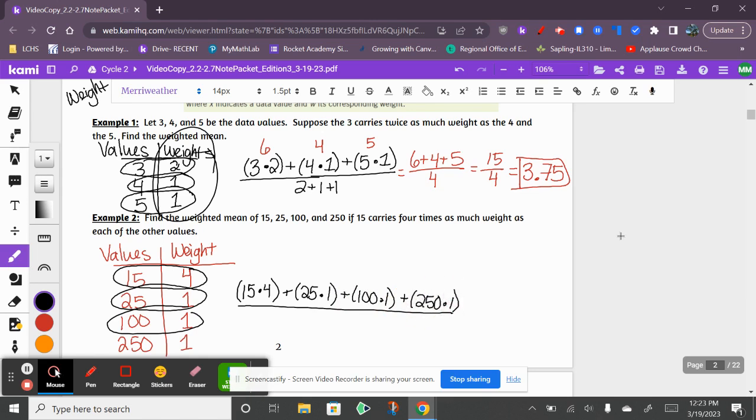For the bottom, we're just going to add up all of the weights. Okay, so if I multiply the top together, this would be 60, 25, 100, 250. So I'm going to add up all of those.